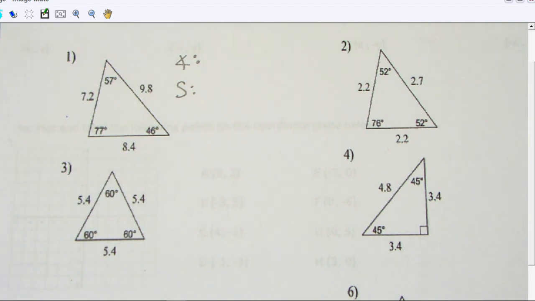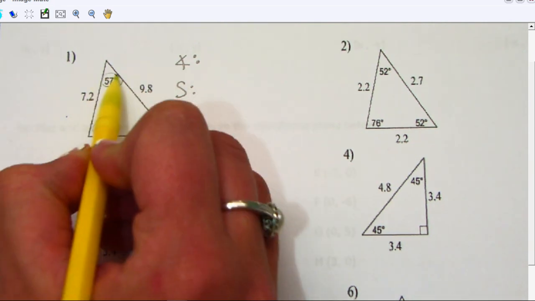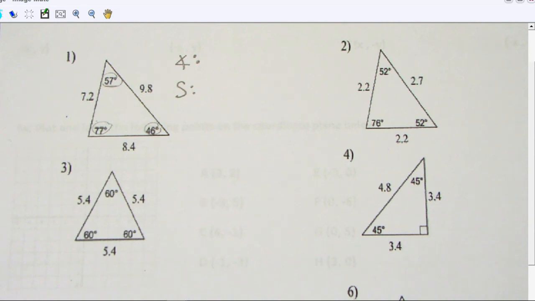All right. Yeah, I can do one with you. Let's look at number 1. Let's look at all those angles. What are the angle measurements for number 1? 57, 77, and 46. What do we know about all these angles? They're less than 90, making them what?